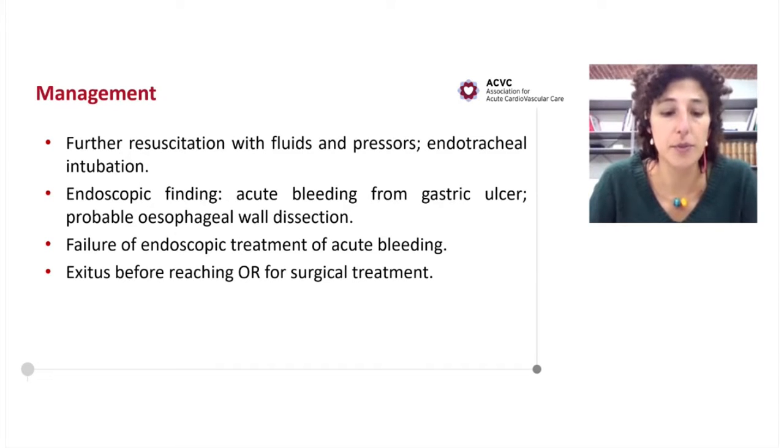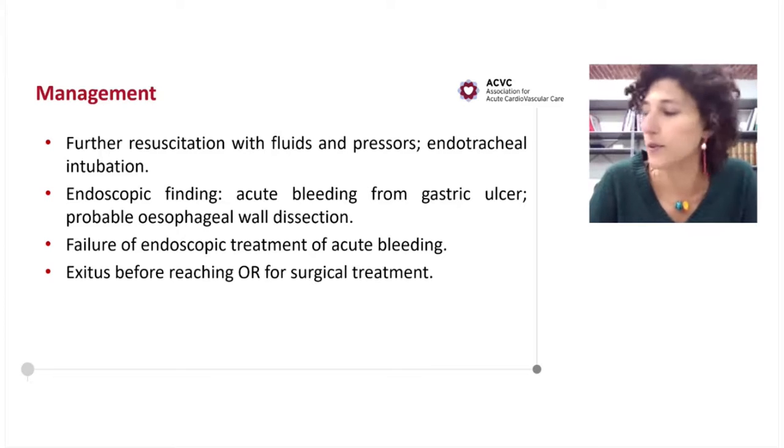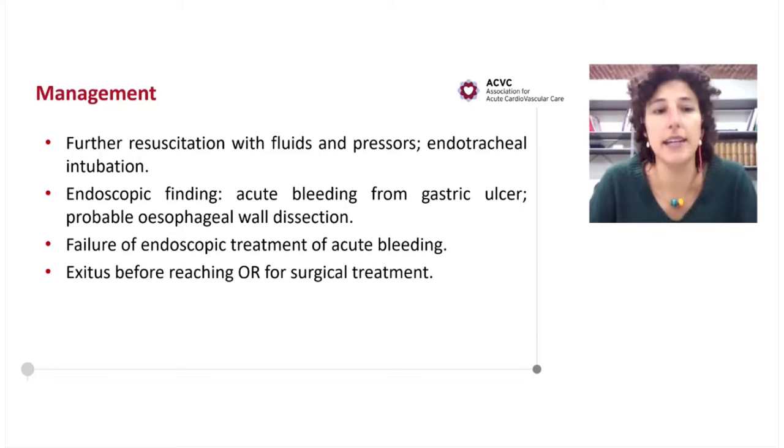So the most probable cause of bleeding in this patient was the hitting of a transesophageal probe, in a transgastric window, against a previously unknown gastric ulcer that began to bleed. Unfortunately, the endoscopic procedure failed in controlling the acute bleeding, and our patient died before reaching the operating room for surgical treatment. So this is a bit of a sad ending to my clinical case.